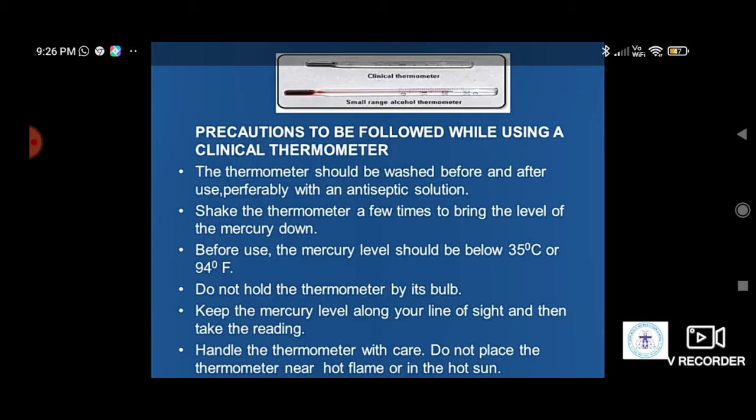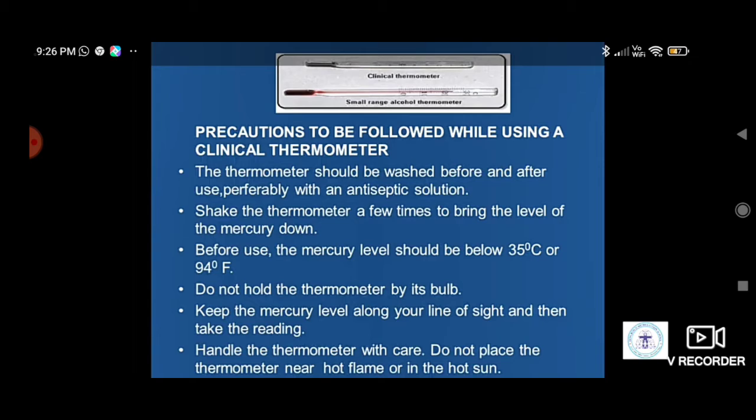What are the precautions to be followed while using the clinical thermometer? The thermometer should be washed before and after use, preferably with an antiseptic solution.